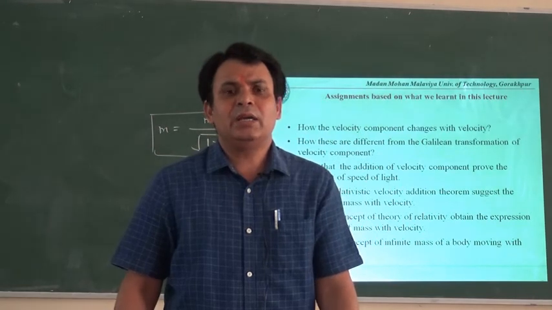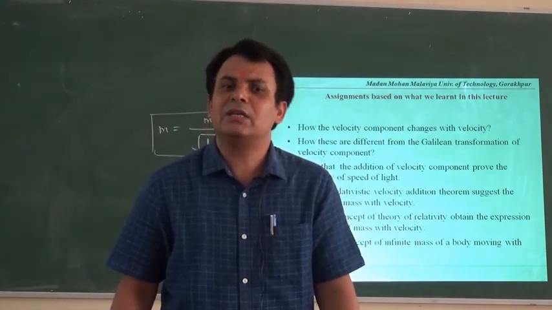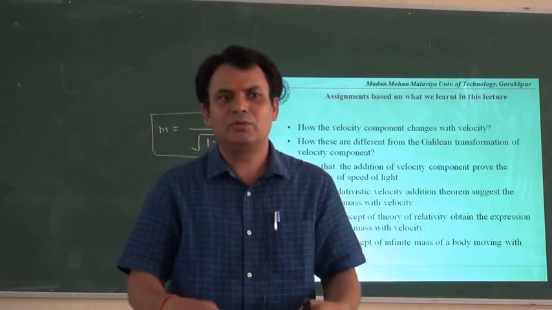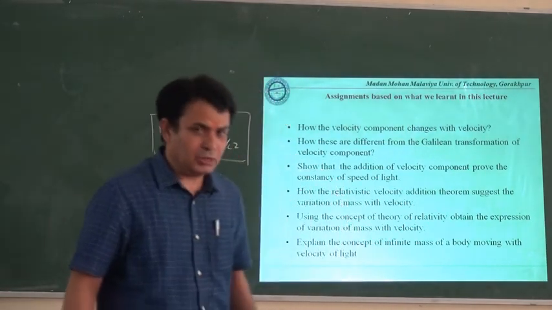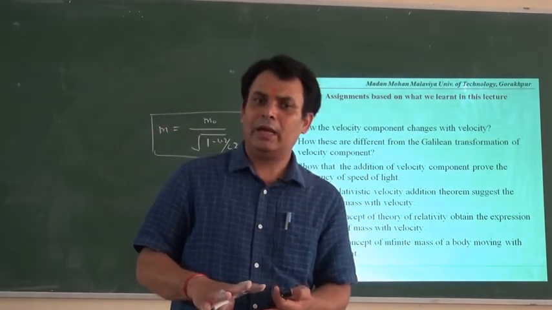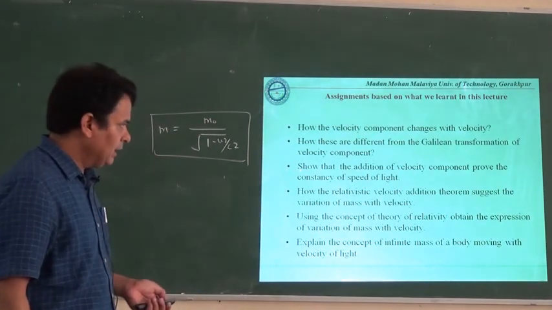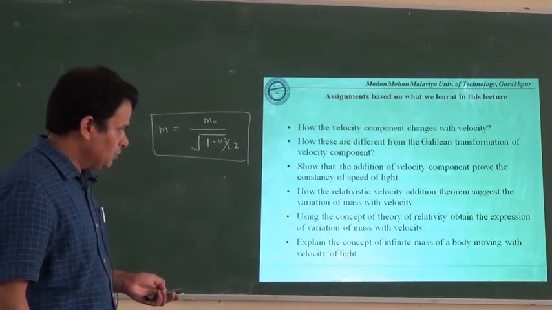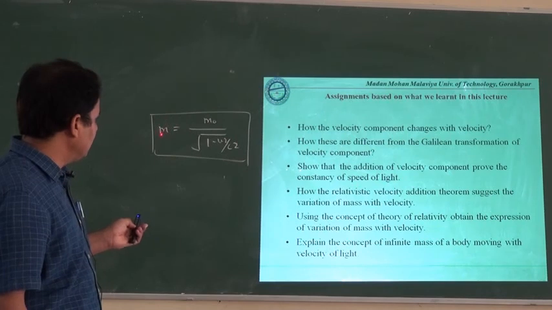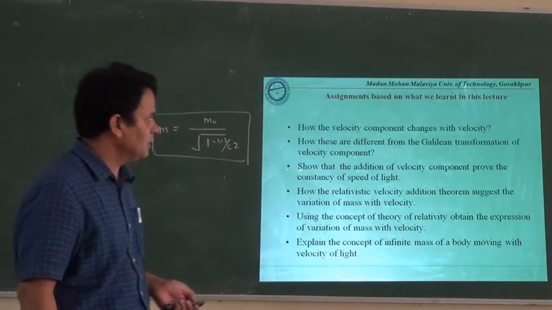If the particle is moving with tremendous velocity, it no longer remains a particle, it will be converted into a wave. And in that situation, how the infinite mass of a body can be explained, we will deal with there. Here you only have to explain this fact on the basis of the expression I have written here, m is equal to m0 upon under root 1 minus v square upon c square.